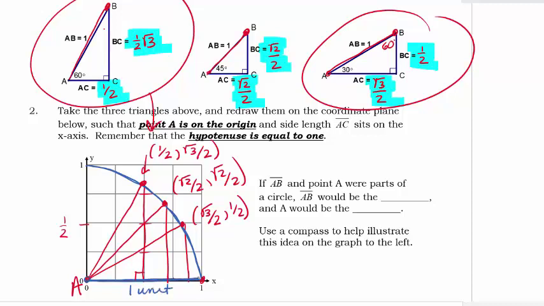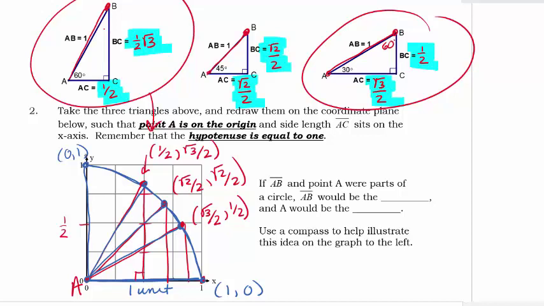We go 1 to the right to get to this point, which is 1, 0. We go 1 unit out here to get to this point, rad 3 over 2, comma, 1/2. And same thing to get to this point, and then finally up to this point, which is our 90 degrees, and this is the point 0, 1. All right, so this is our unit circle just in quadrant 1.